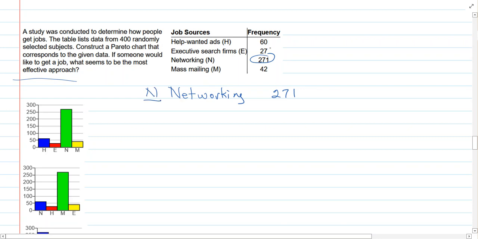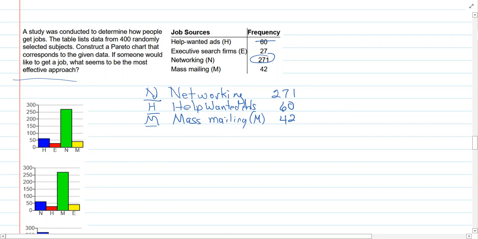The next larger is 60, and that one is help wanted ads, and that's an H. The next one is 42, and 42 is mass mailing. I don't know how mass mailing works because you're putting so much out there. Nobody's really going to read it unless there's an opening. So I'm not understanding the mass mail out.